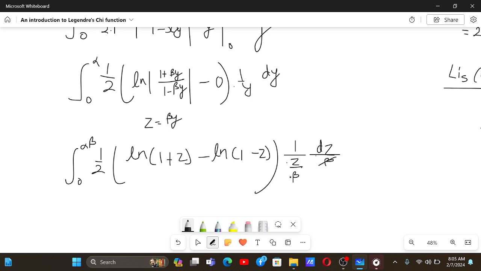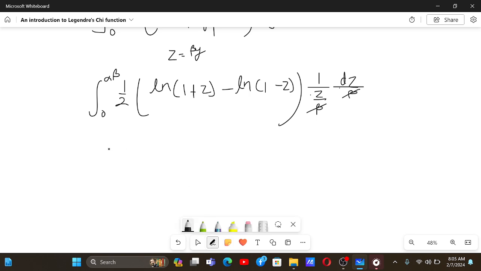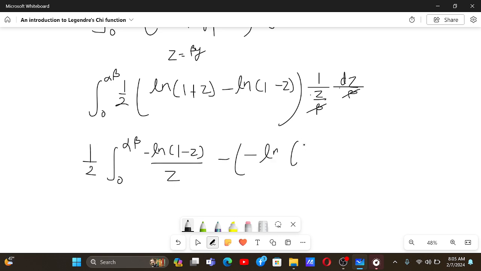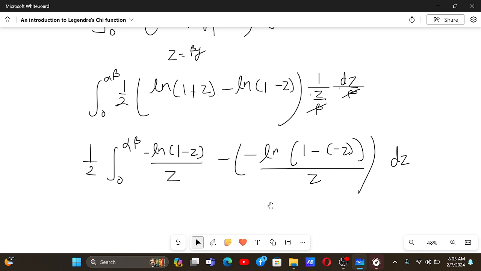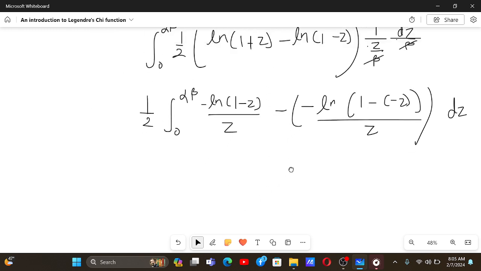Now the betas cancel each other out, so we are left with this nice integral, which I will rearrange in the following way: minus ln of 1 minus z by z, minus of minus ln of 1 minus minus z by z, and then dz. Why have I rearranged it this way? It is the same, but why did I make this manipulation?